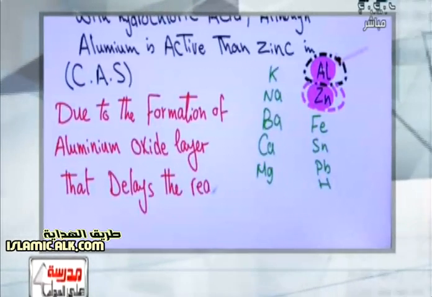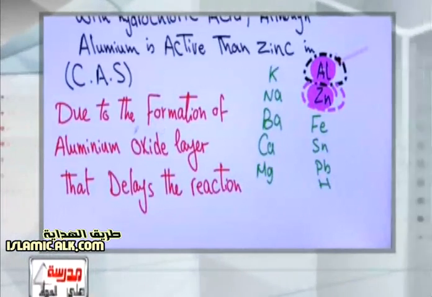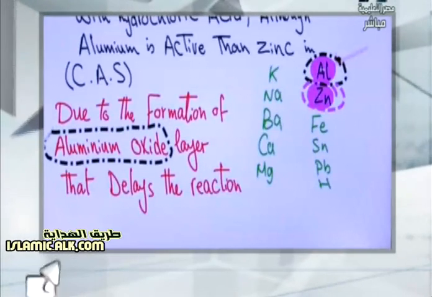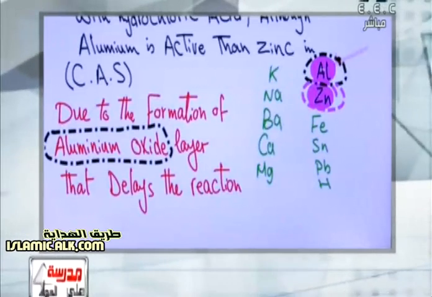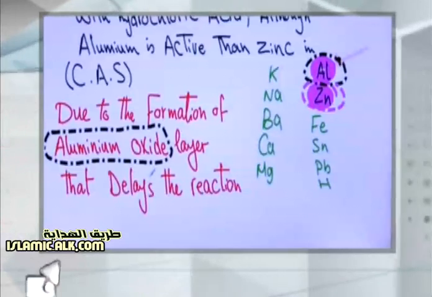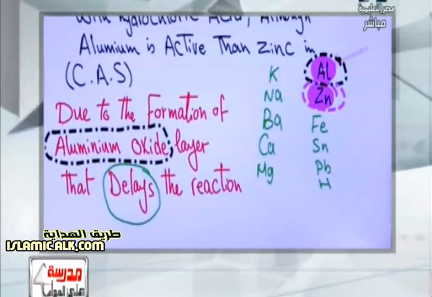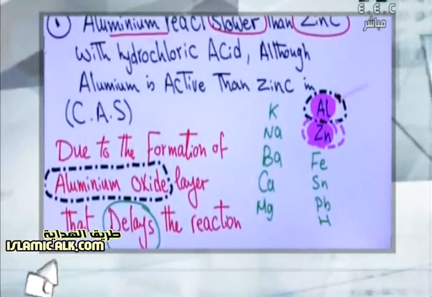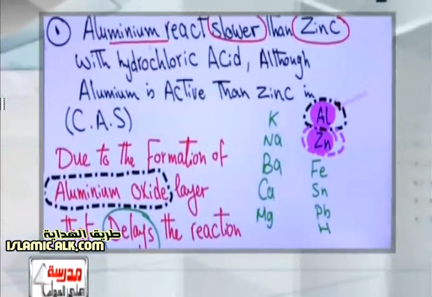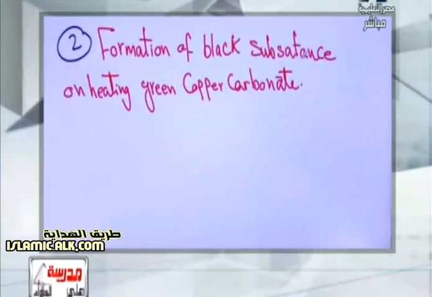The what? The reaction زي الصدى كده. Aluminium oxide layer delays the reaction. This is the first question. Okay, that give reason number one and I hope you understand how we answer this question according to the chemical activity series. Next question is formation of black substance on heating green copper carbonate.